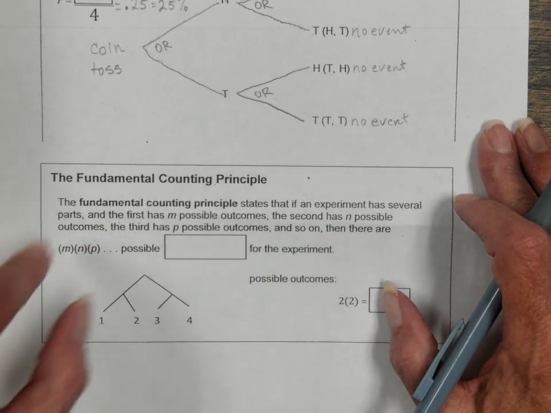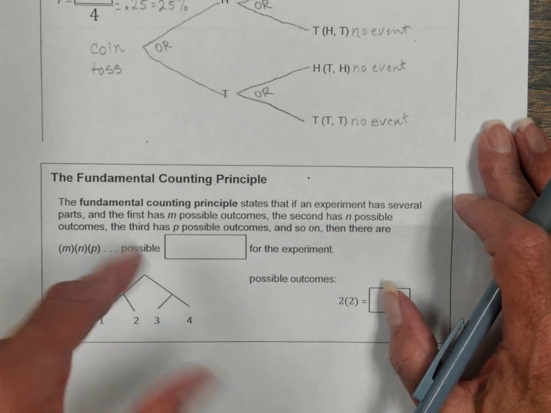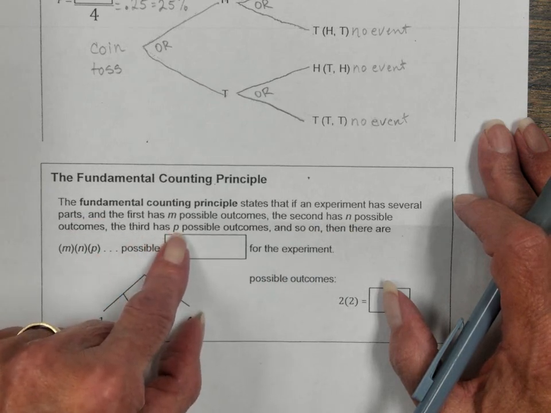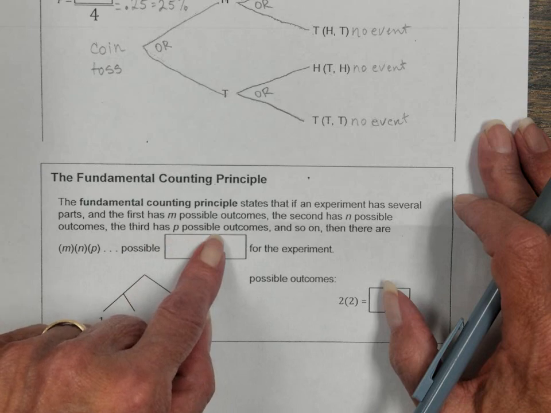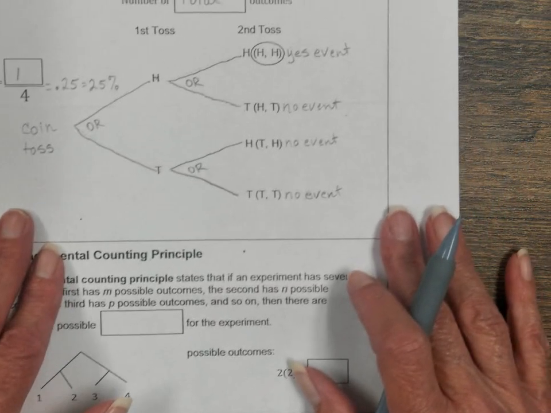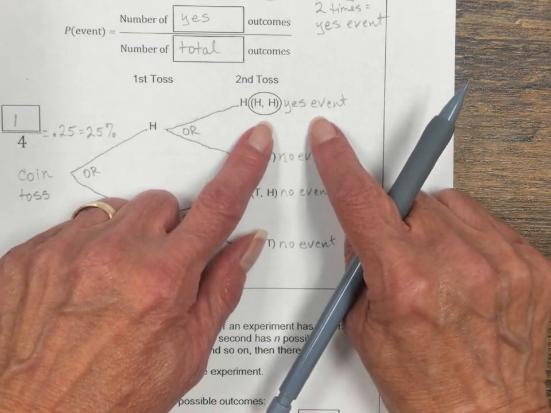If I flip that coin a total of 3 times, then the third has P as in Paul, possible outcomes. Okay? And we could go from there and there and there.